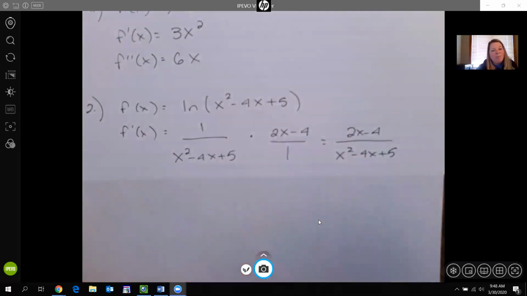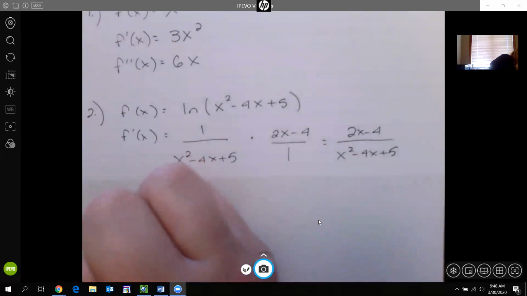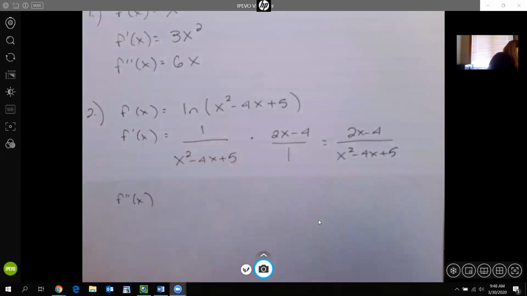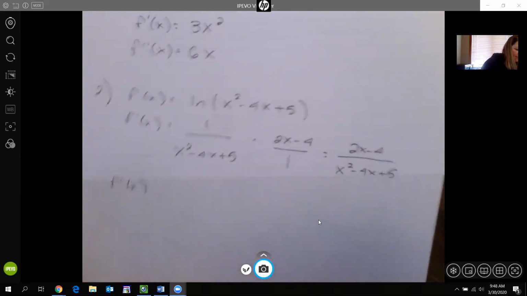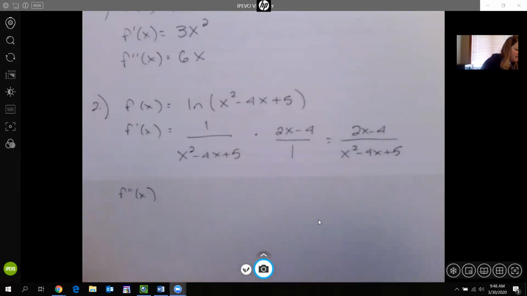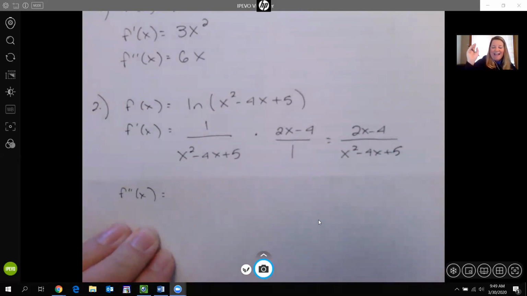Not real pretty. It brings up that chain rule and all those rules of our derivatives. I'm not even done. Now I want to do the second derivative. If I go to the second derivative, what is that going to bring up for you? There's the rest of my answer right here. It's going to bring up our quotient rule. So what does our quotient rule say? It says low d high, minus high d low.